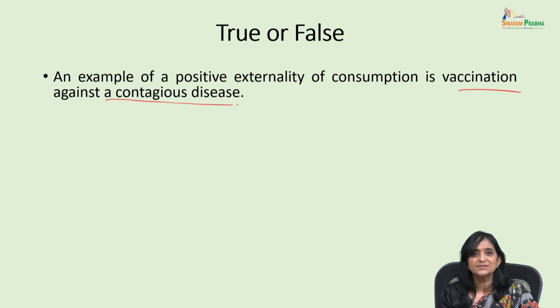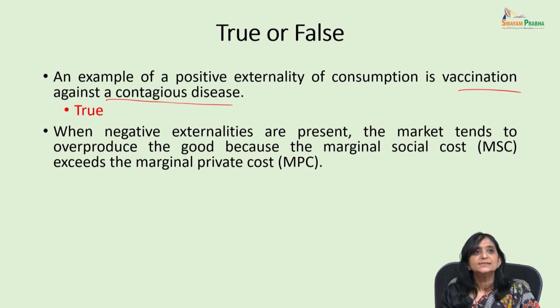I have given this example all through my lecture. What is this an example of? Positive externality of consumption, if somebody takes a vaccination against contagious diseases? True, it is.